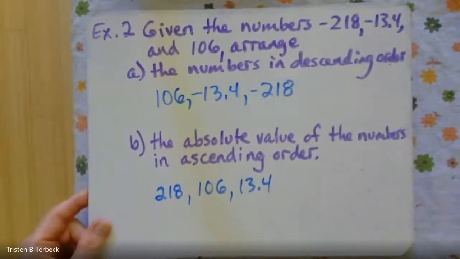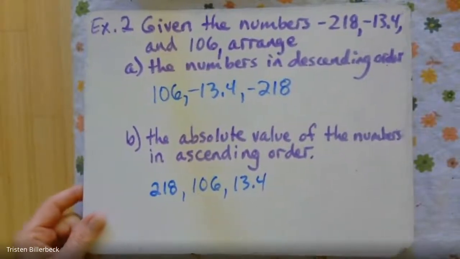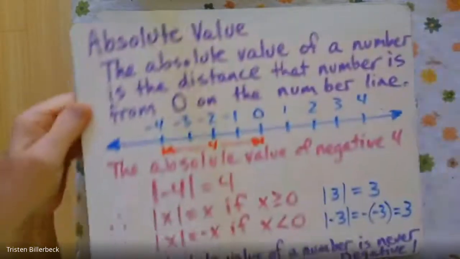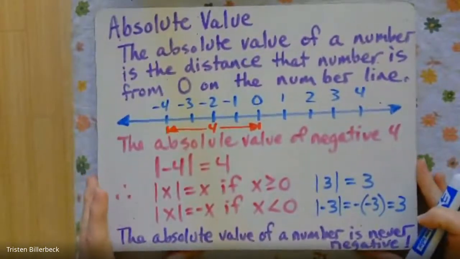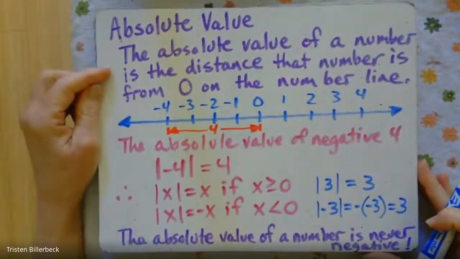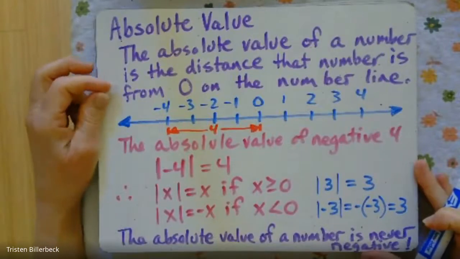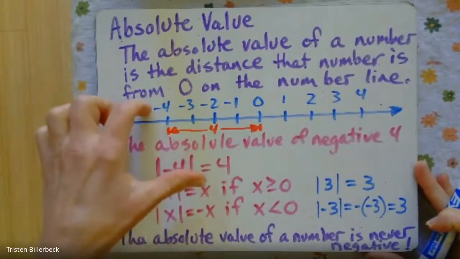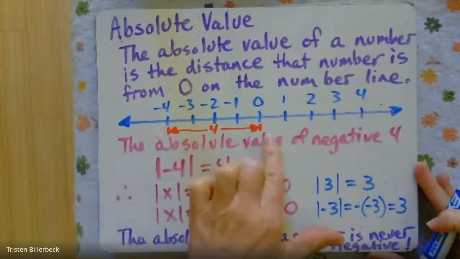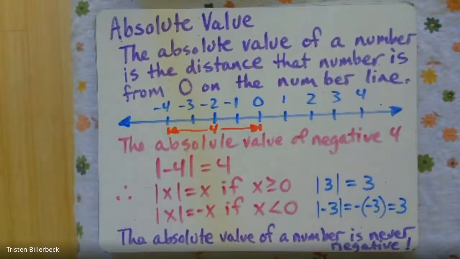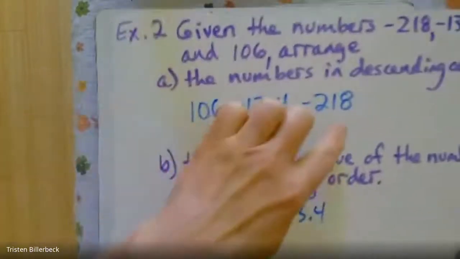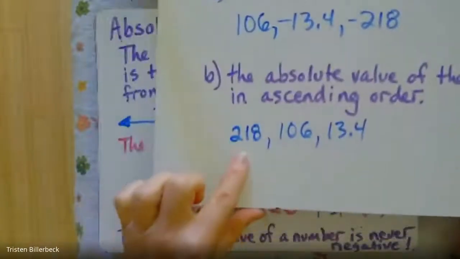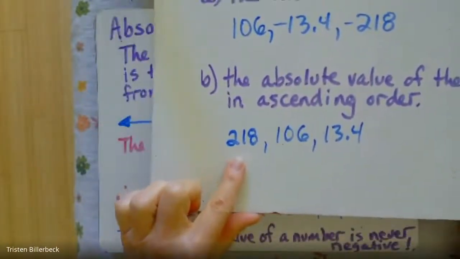All right, so let's talk about what this absolute value is that you just heard about. The absolute value of a number is the distance that the number is from 0 on the number line. So negative 4 is a distance of 4 away from 0, just like negative 218 was 218 away from 0.